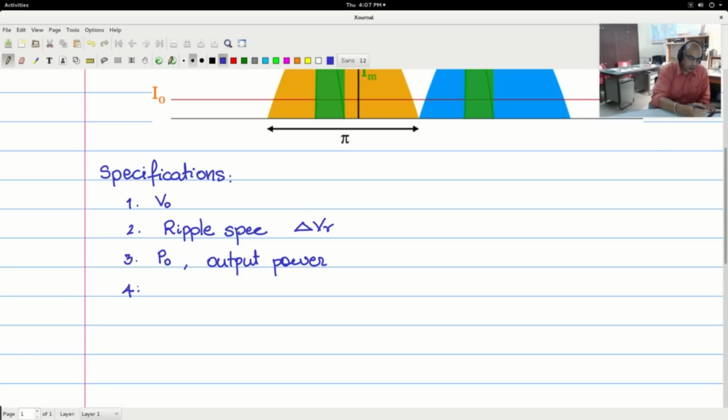We also have the input spec. Now the input voltage has two parts. One is, you would probably have something like 230 volt RMS, which implies 230 root 2 peak. This would be your Vm.